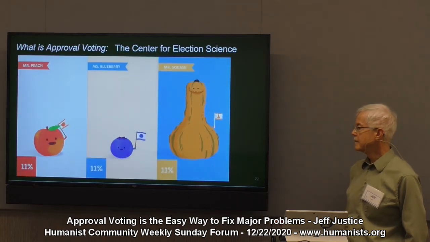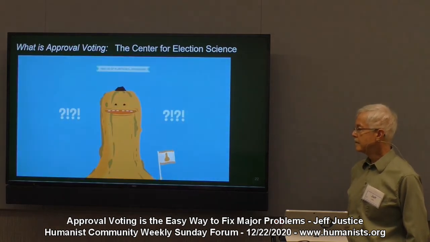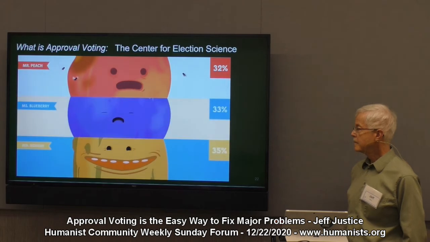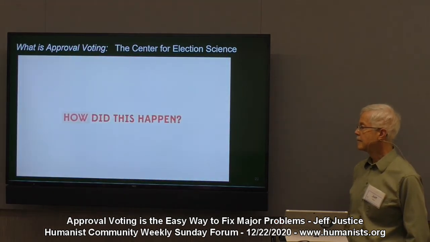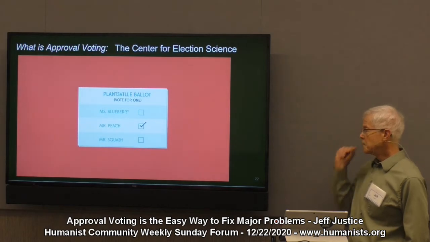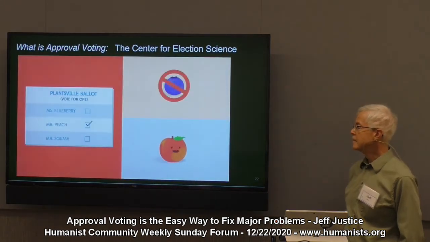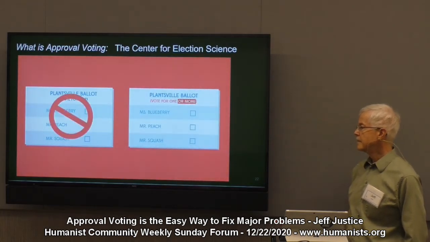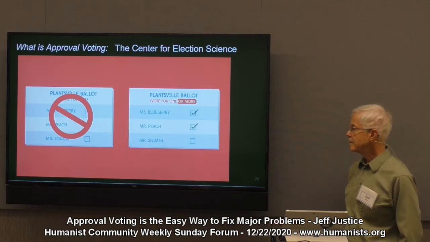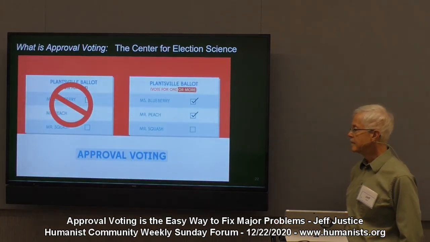The votes are counted. And what's this? Mr. Squash wins? Blueberry and Peach have split the fruit vote. How did this happen? Peach's supporters also like Blueberry, but couldn't say so on their ballots. A simple solution is to change the ballot from vote for one to vote for one or more, allowing everyone to state all the candidates they support. This is called approval voting.